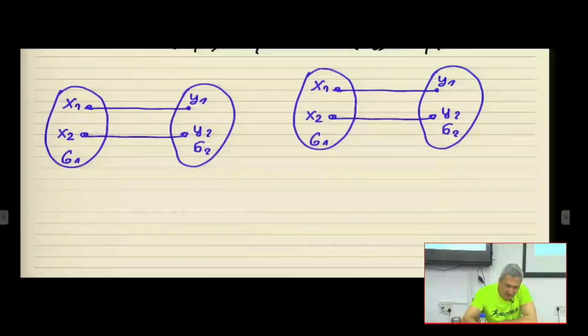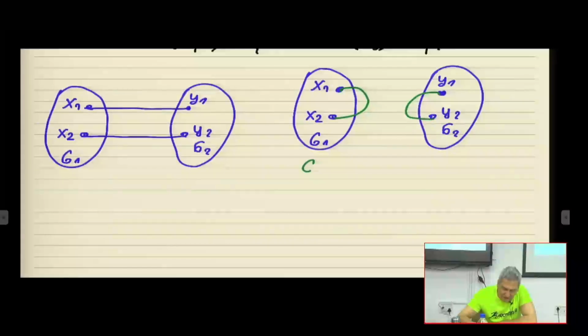I will get 2 graphs now. Okay? I will now remove this and this. And I will put these edges.